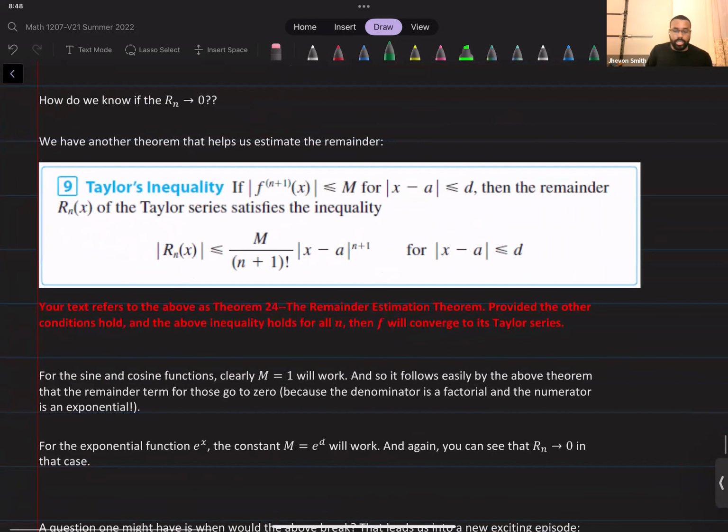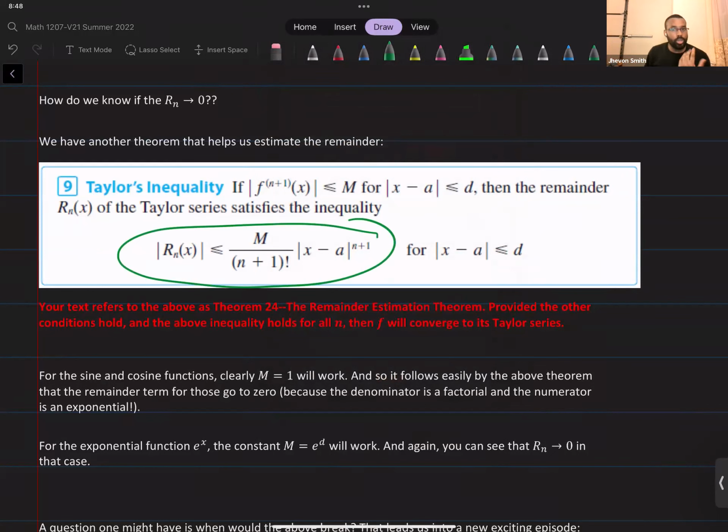That can be summarized in this theorem right here: the magnitude of your remainder term can be thought of as this expression, where the M describes an upper bound on your n plus first derivative. For example, for the sine function and the cosine function, M can be equal to 1, right? Because the nth derivative of sine is either a sine or a cosine. In magnitude, these never grow past 1. So you can imagine plugging a 1 into this formula and then taking the limit as n approaches infinity.